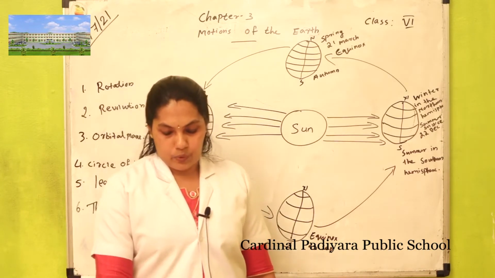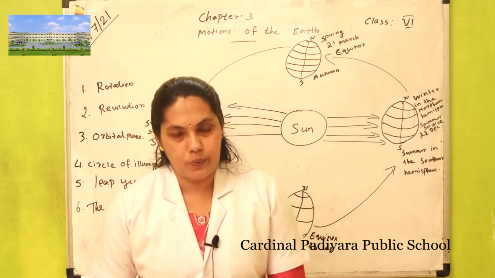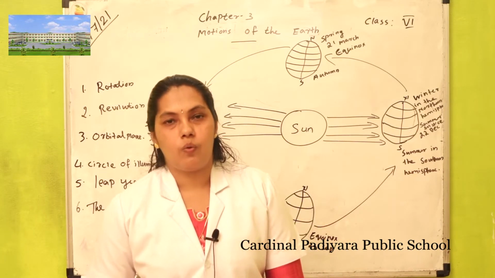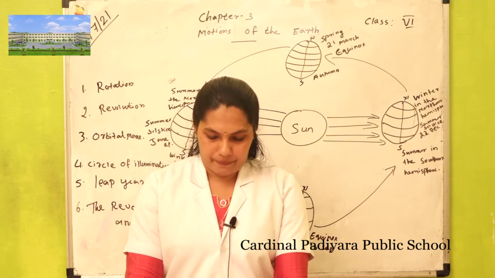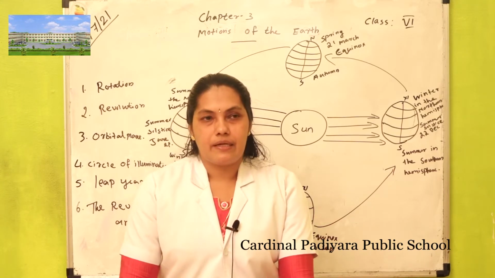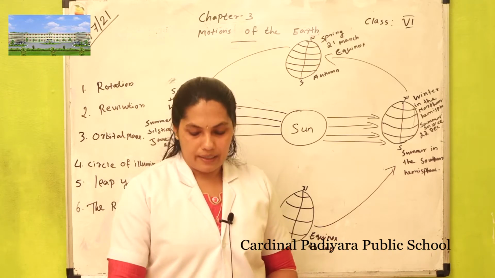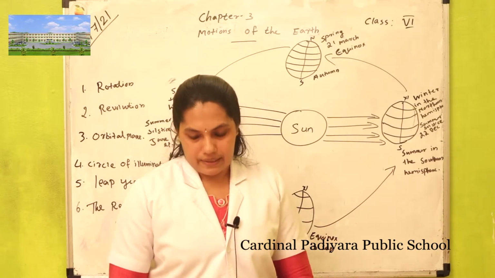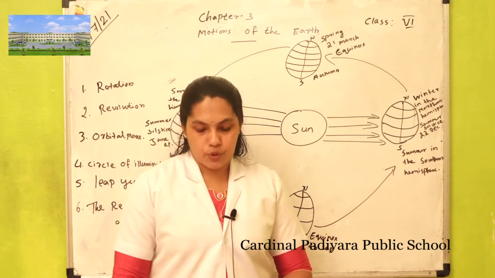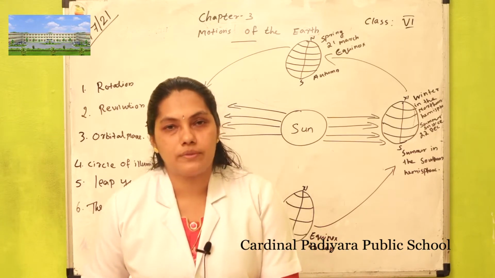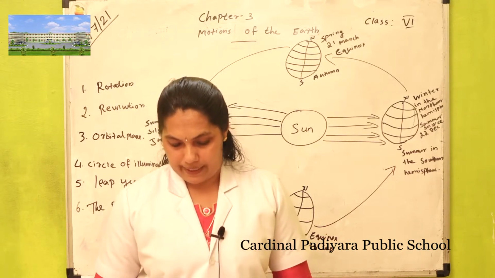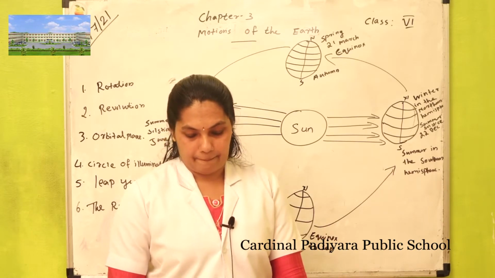A year is usually divided into summer, winter, autumn and spring. The seasons change due to the revolution of the earth and the position of the earth around the sun.